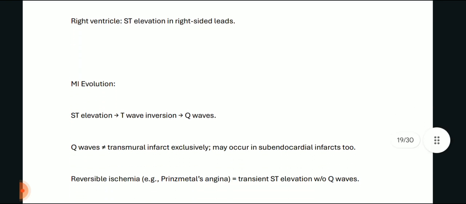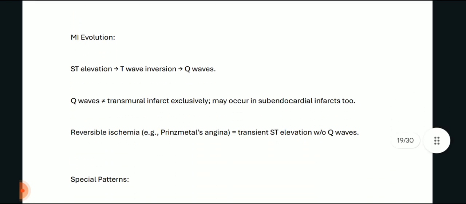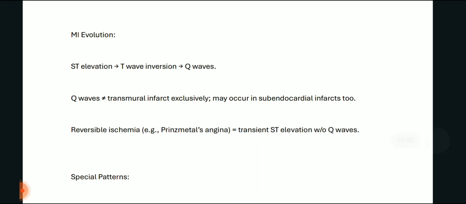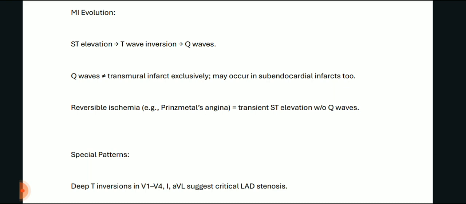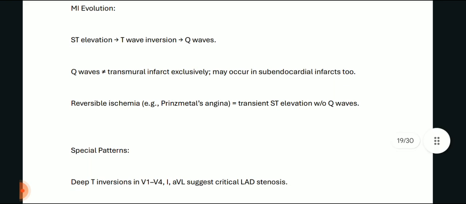Now, how will MI evolve? ST elevation will be there, then T wave inversion, and then Q waves. These Q waves do not correspond exclusively to transmural infarct. They can also occur in subendocardial infarcts.